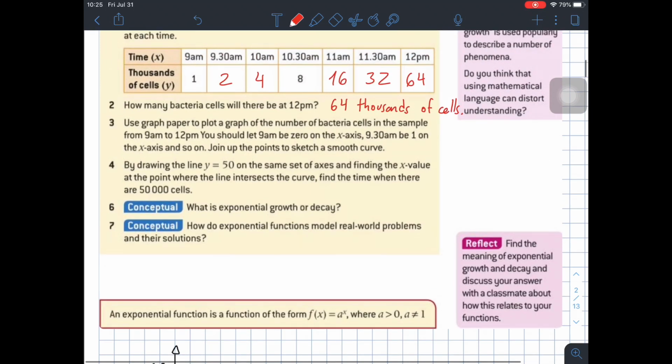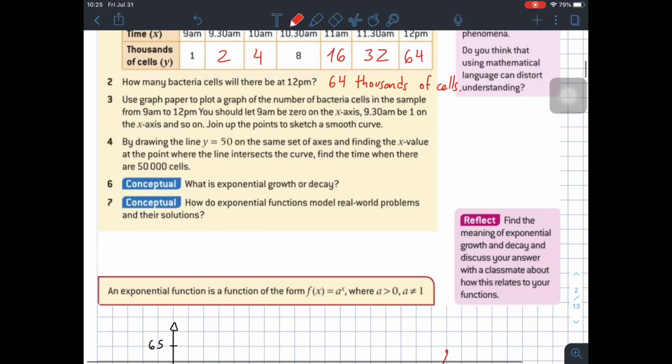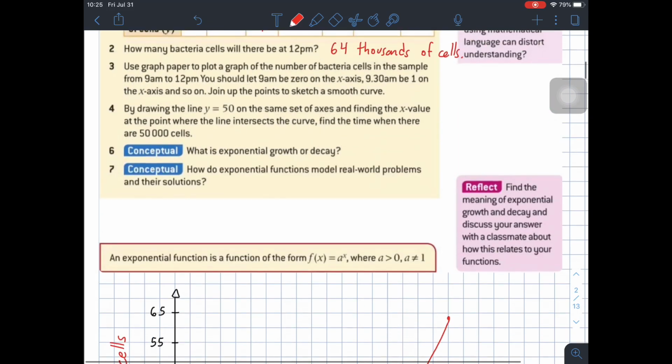Okay. Number 4. By drawing the line y equals 50 on the same set of axes and finding the x value at the point where the line intersects the curve, find the time when there are 50,000 cells. Okay, so if I draw the line y equals 50, I am going to be finding at what time we have 50,000 cells, right?